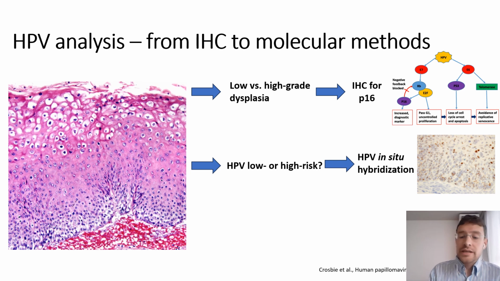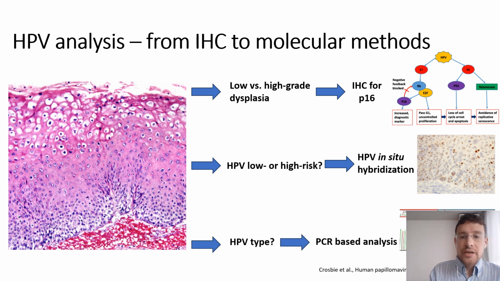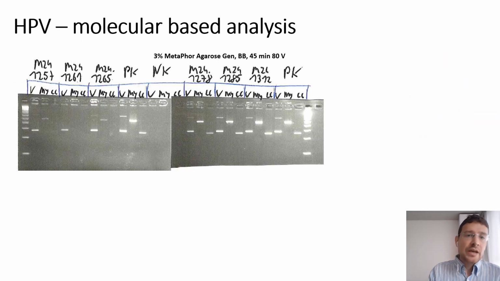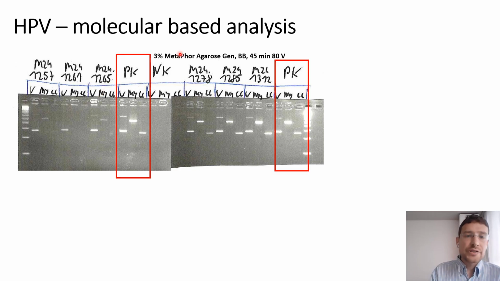Sometimes you may need to know what kind of HPV type it is. So in this case you go through PCR-based analysis, and here you can see how it works. You extract DNA, and then you can see here several samples of different patients, and you always have to control that you have a positive control here. Positive control, you have a housekeeping gene, versican.